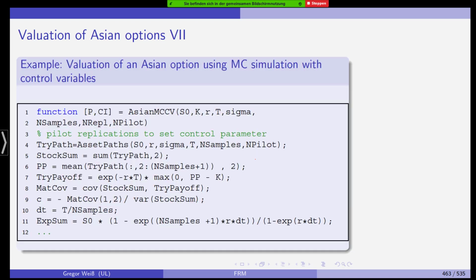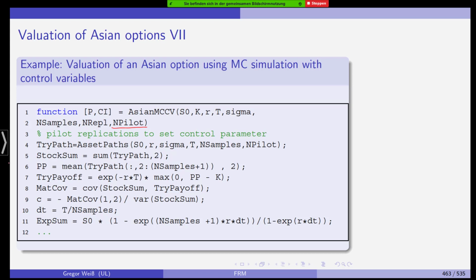And if we do this in Matlab, it's actually very simple. What we first do is run a simulation as a pilot study. We simulate the asset paths and calculate our stock sum.